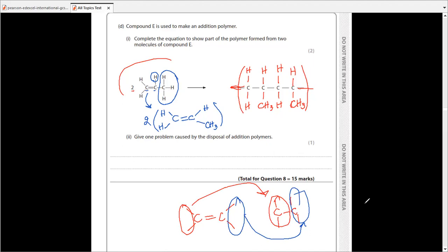All right. Last part of this question. Give one problem caused by disposal of addition polymers. Give one problem.